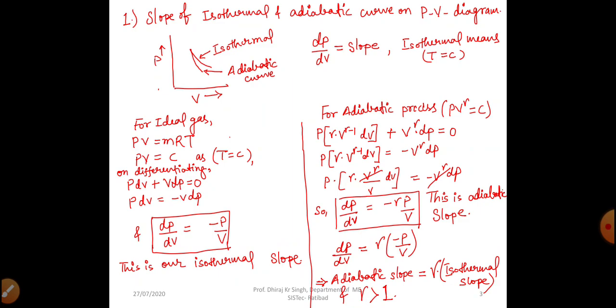So we can conclude very easily that the adiabatic slope has a larger value than the isothermal slope, and the adiabatic curve is steeper than the isothermal curve. This is because the adiabatic slope is gamma times higher than the isothermal slope. Then move to the next slide.